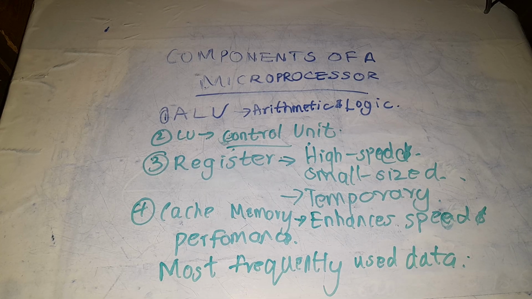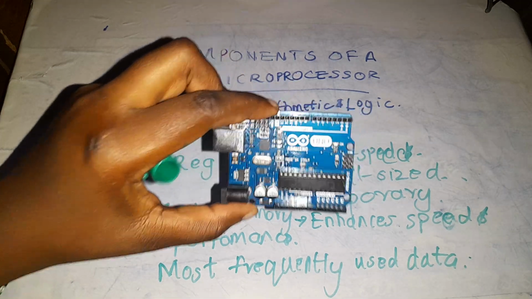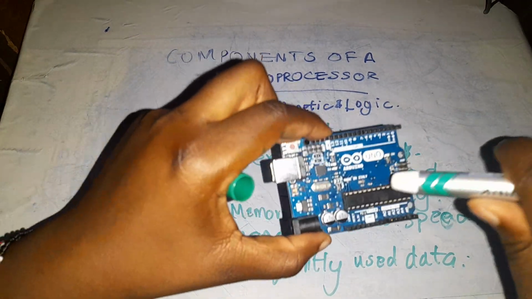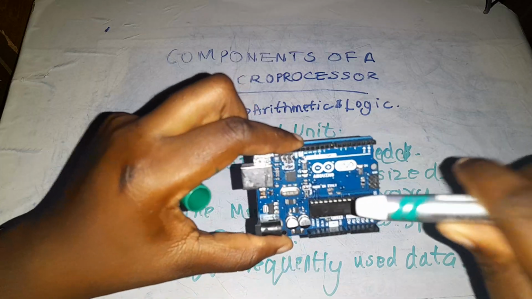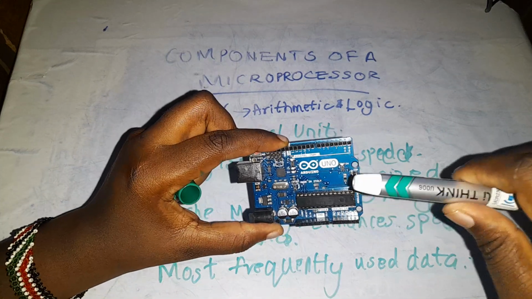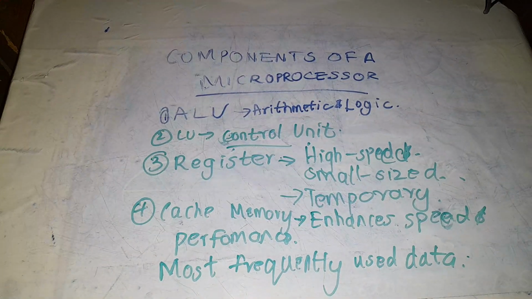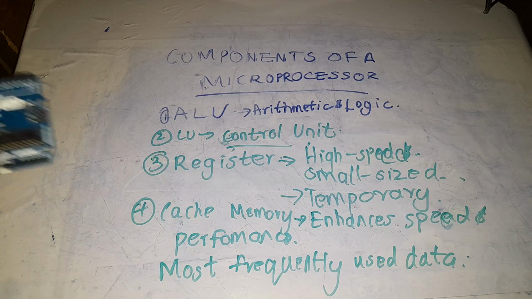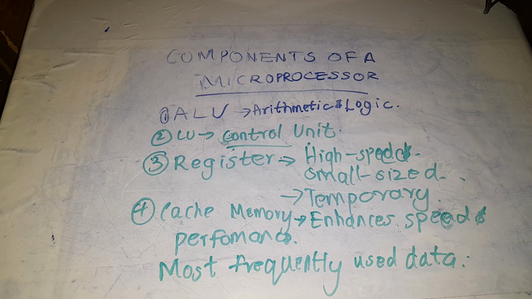It needs peripherals, unlike a microcontroller, which already has its own memory that remembers the code uploaded. So do not get confused. For cache memory, I had already covered that.